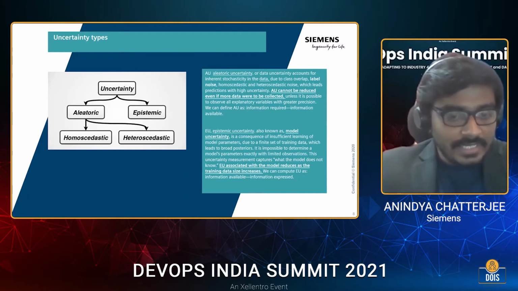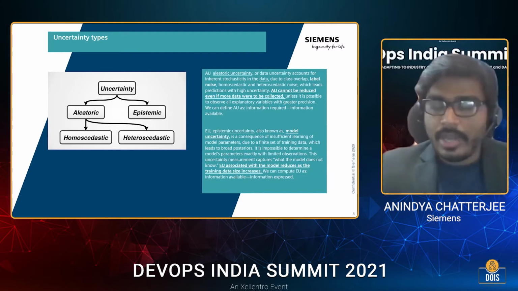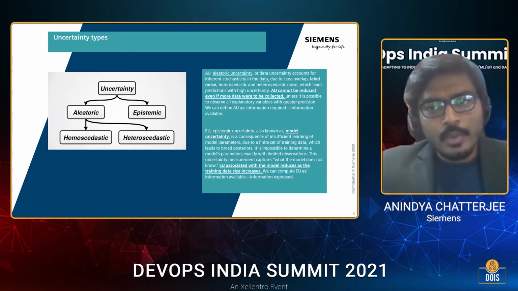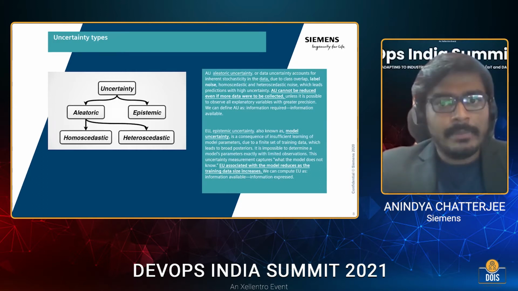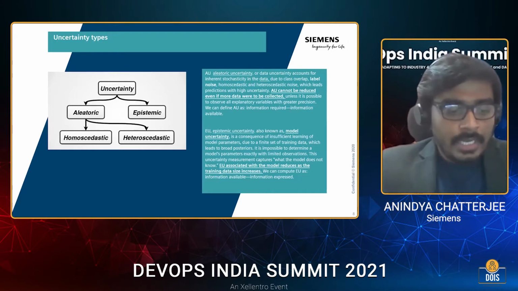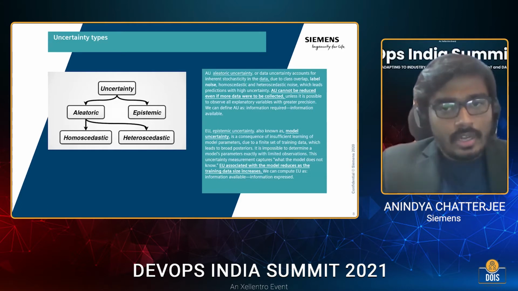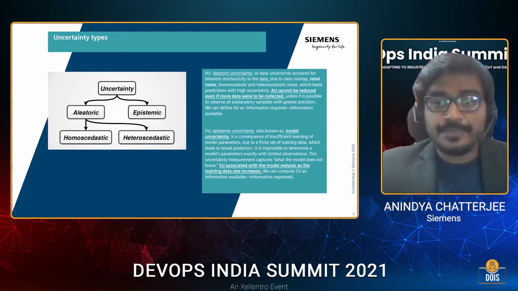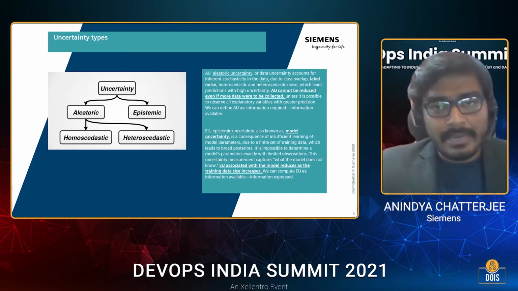Stochasticity is nothing but randomness, or noise, or irregularity in the data, which may occur due to class overlap, label noise, or homoscedastic and heteroscedastic noise. That means noise with constant variance, or noise with variable variance. And these lead to high uncertainty in the prediction.